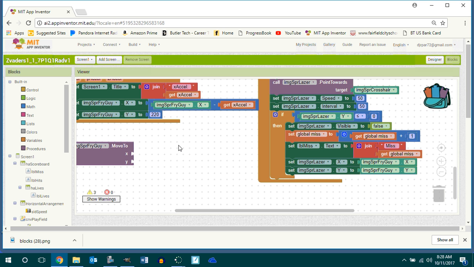What's that? Oh, yeah, yeah. So maybe we ought to just take this to like 20 or something. Once you get less than 20 pixels, I want you to disappear.